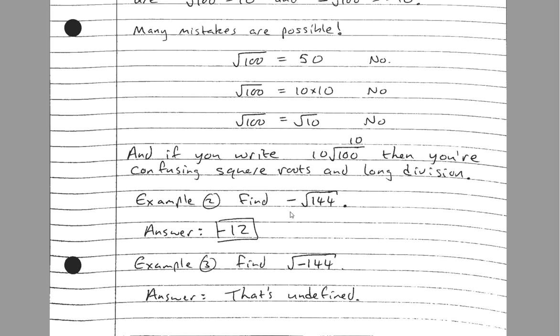We're definitely seeing in this section that when you combine square roots with negatives, it gets confusing. If the negative sign's outside the radical, that's okay, but if it's inside, then since you can't square anything and get a negative, this will be undefined.